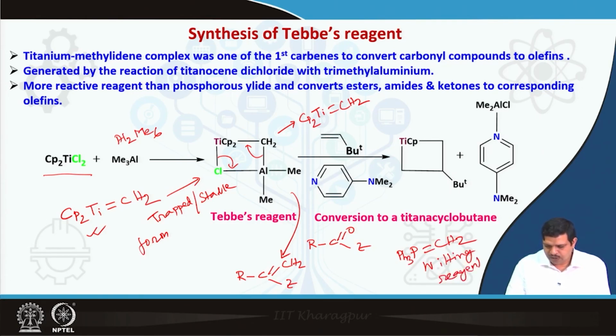In some cases the Wittig reagent is unsuccessful, but this one, the Tebbe reagent, is very successful and works in some complicated scenario. So that's why it is very famous, okay, and one of the very highly used reagent to make the alkene compounds from the carbonyl compounds, okay.